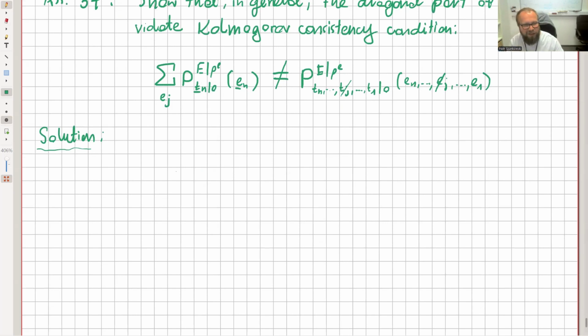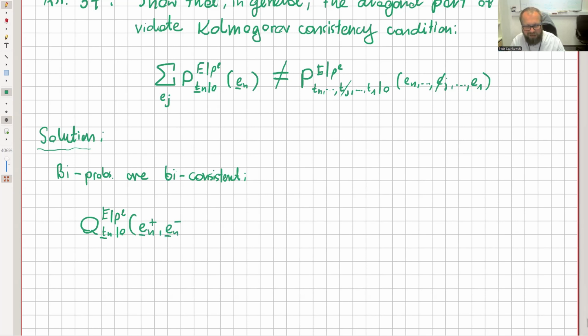So let me take a biprobability distribution here, a sequence of timings, not just the diagonal part, or the diagonal part also.